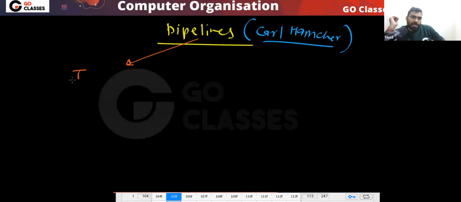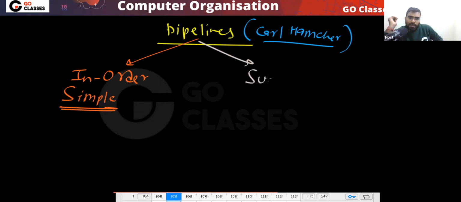One is the simple in-order pipeline that we study. Another type is the superscalar pipeline.